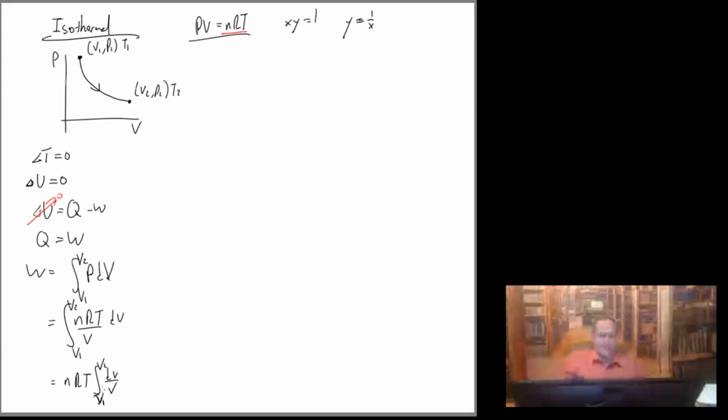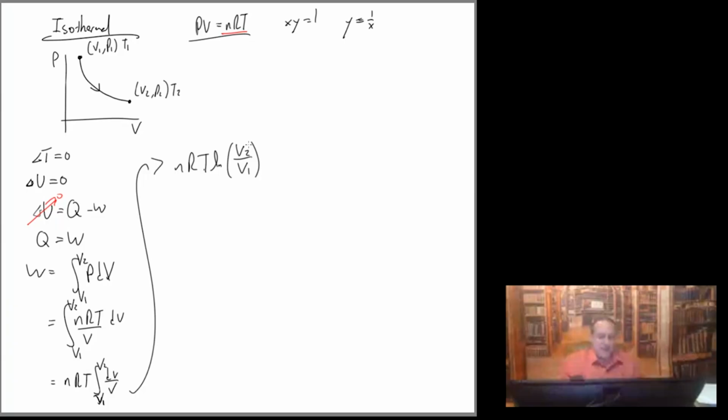That's an easy integral, right? The integral of dV over V is just the natural log of V. So we get nRT times the natural log of V2 over V1. You guys know your logs, right? If I have natural log of V2 minus natural log of V1, it's better to express it as the natural log of the quotient.